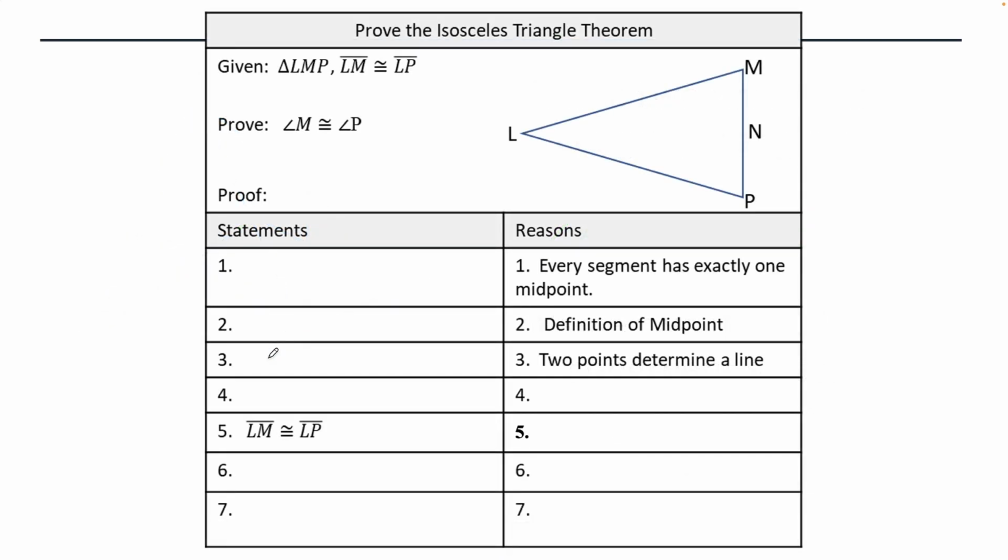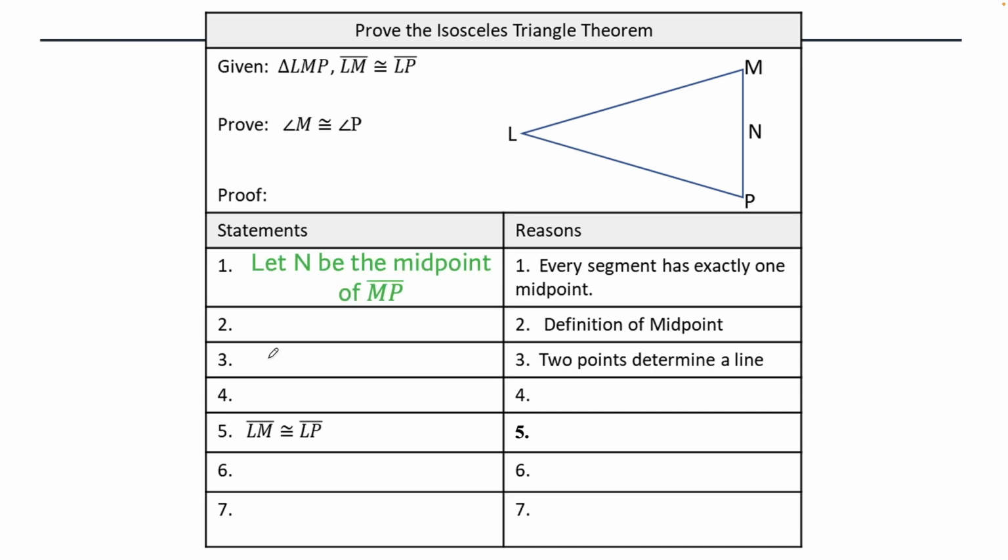Now, I'm going to take you through a proof of the isosceles triangle theorem just so you can see how it works. So we're given this triangle, and it's an isosceles triangle because we know that LM is congruent to LP. I'm not going to mark that yet. That's going to come in later. And we want to prove that angle M is congruent to angle P. All right, so here's where we're going to start.